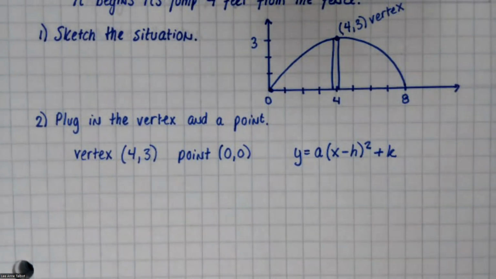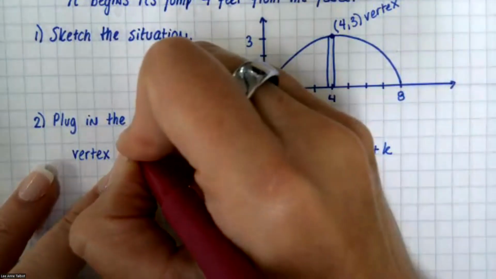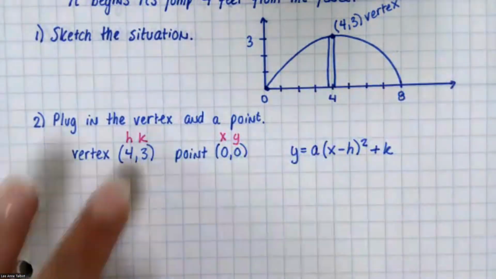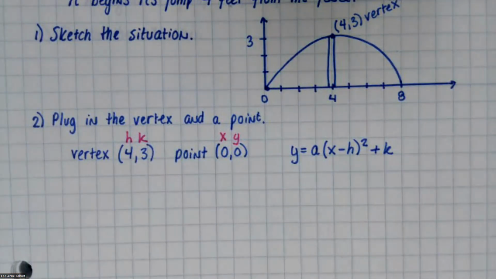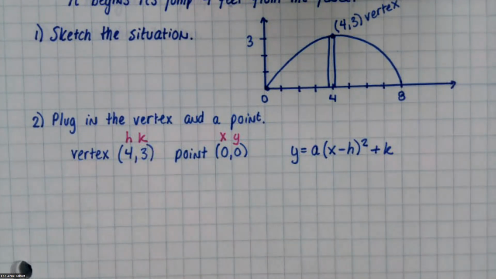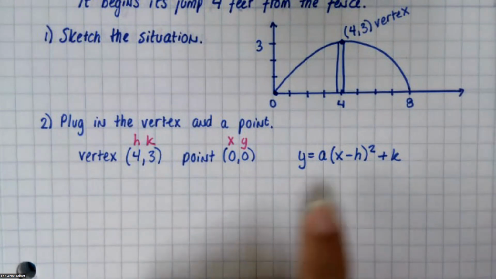And I'm going to get a different color out if you guys like to make your notes colorful. My vertex is always HK. And my other point is always XY because it's an XY coordinate. And then I plug those things in, and A will be what I solve for.